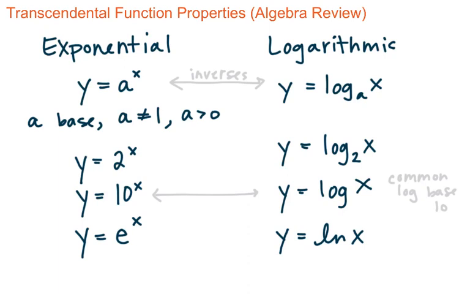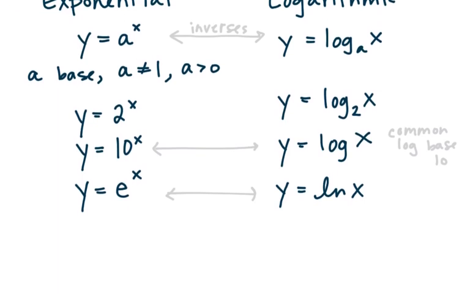Again, these are exponential. In all these situations, a represents the base, both logarithmic and exponential. a cannot be a negative number, so a must be greater than 0, and a is not allowed to equal 1. So these are different types of logarithmic or exponential expressions you may see.